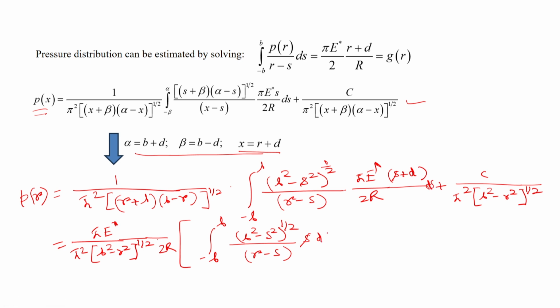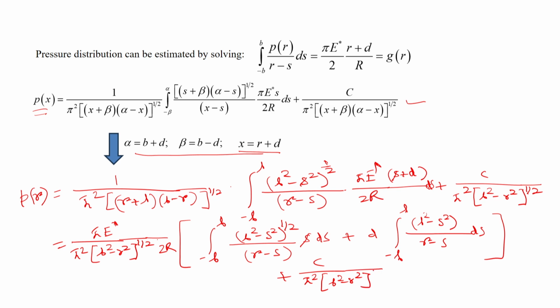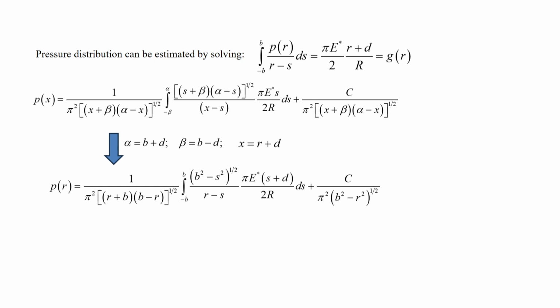So, ds will be there and then plus d into, then here I have minus b to b and here I have b square minus s square by r minus s and it is ds, like that, plus capital C by pi square into b square minus r square to the power half. So, that is all I have and that is all it comes out to be.